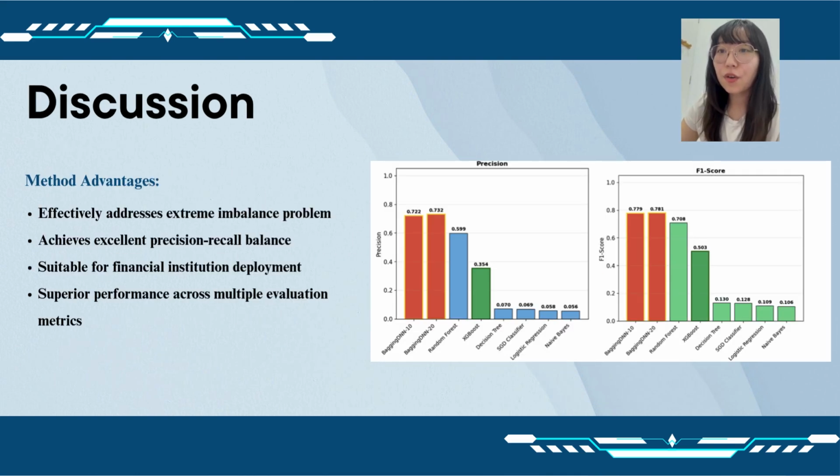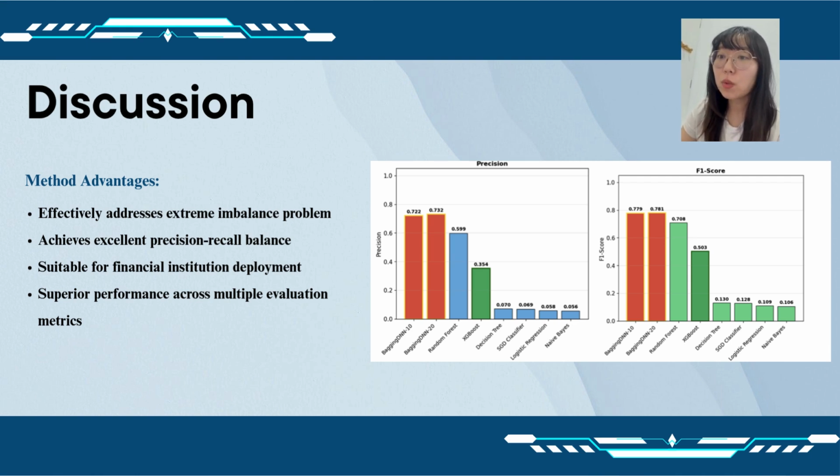This research offers several notable advantages in terms of methodology. First, it effectively addresses the extreme data imbalance problem, which is a major challenge in real-world fraud detection. By using the low-res oversampling technique, the minority class was greatly expanded while preserving data quality and structure.